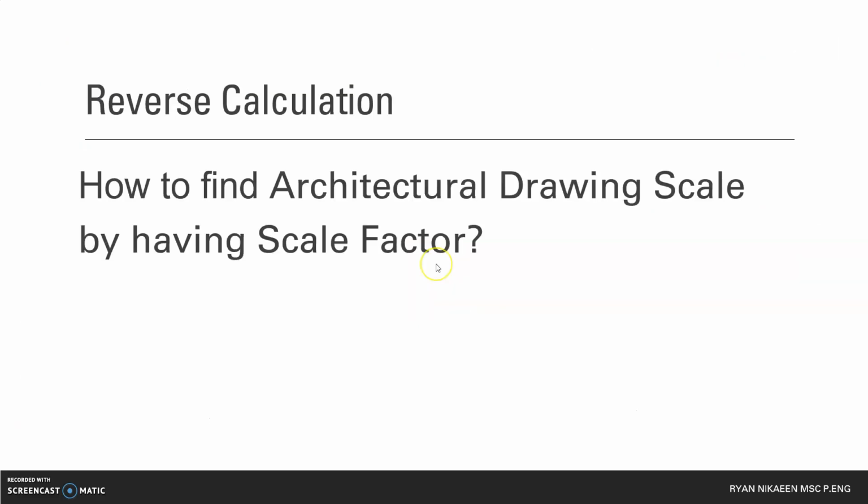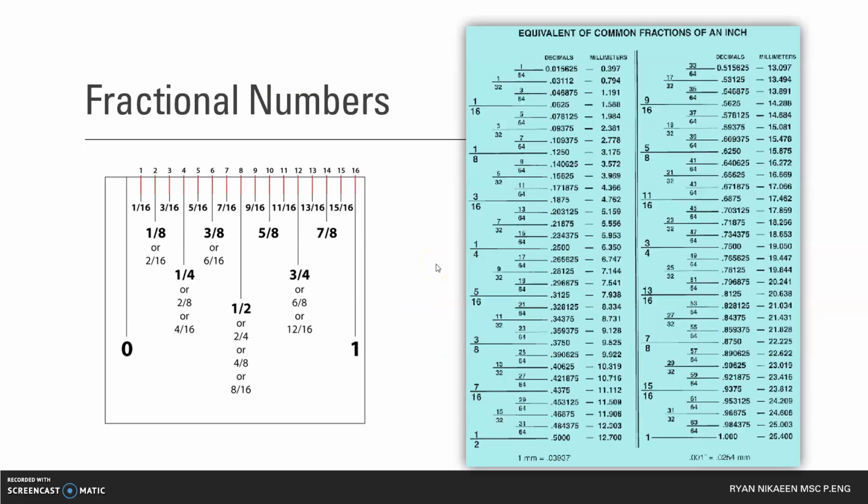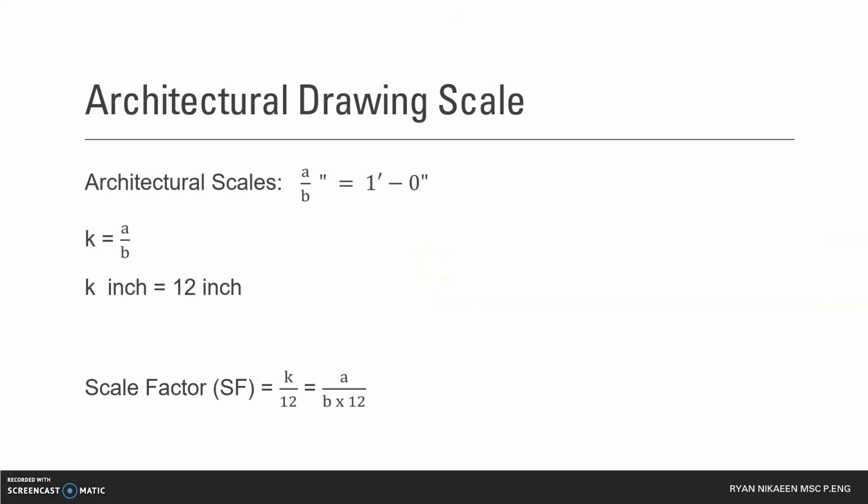Okay, let's go back here and see what I mean by architectural drawing scale and how we can find the actual size by having it. This was the definition of architectural drawing scale.